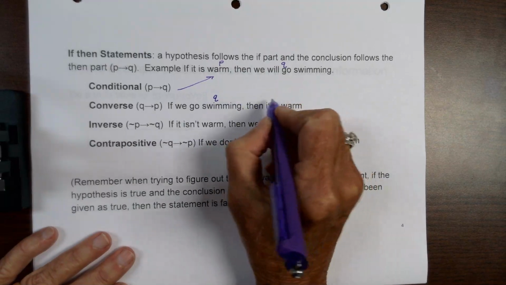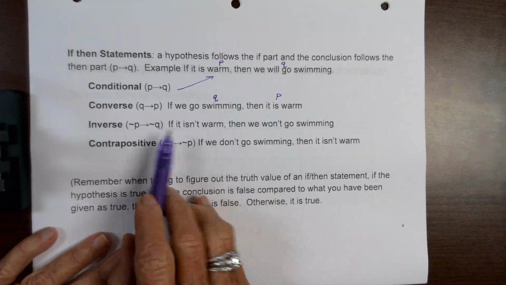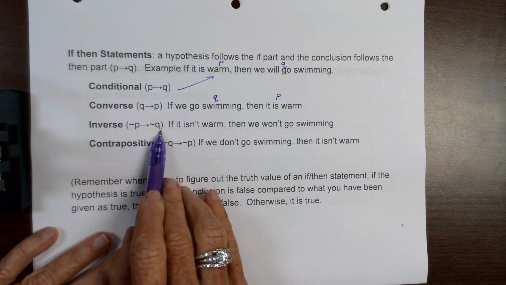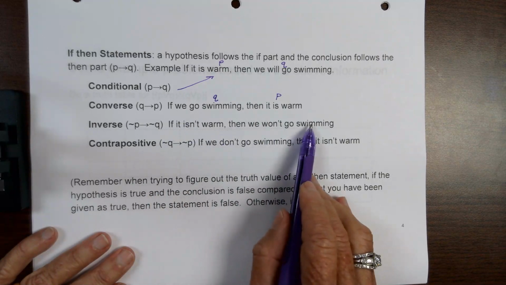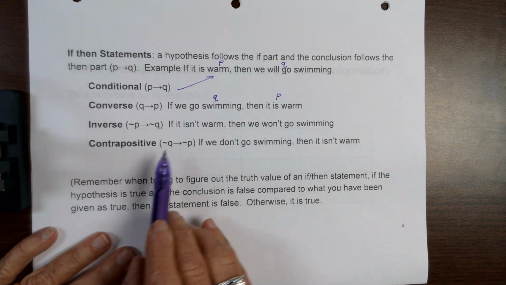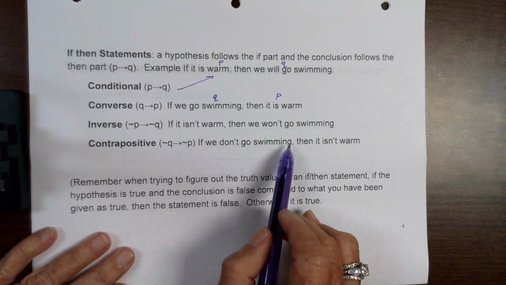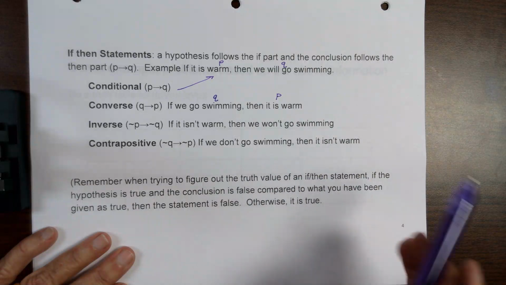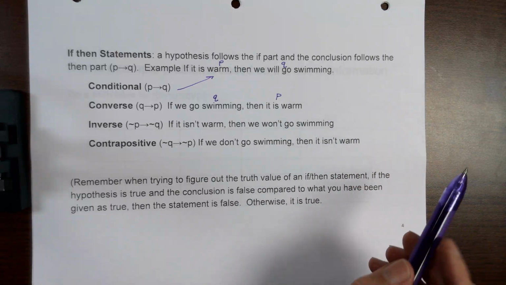That's Q then P. The inverse is the negation of P then the negation of Q. If it isn't warm, then we won't go swimming. The contrapositive is the negation of Q, then the negation of P. If we don't go swimming, then it isn't warm. Now, these also have truth values to them.